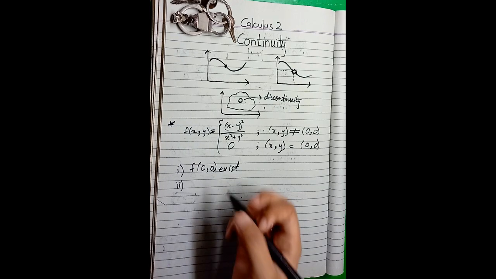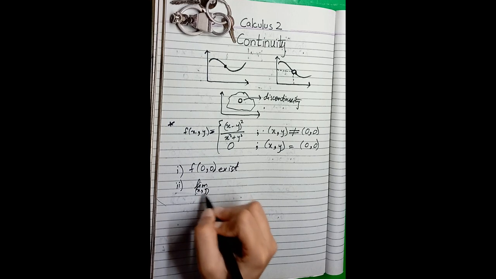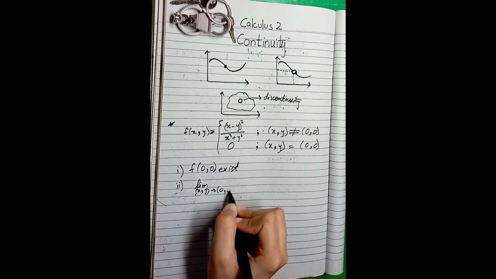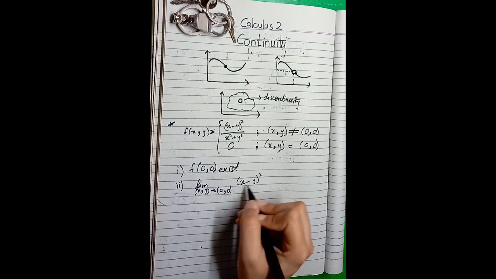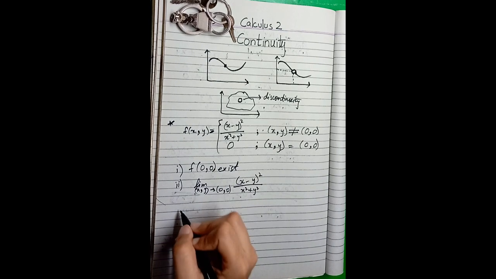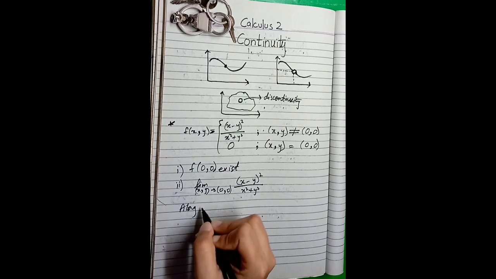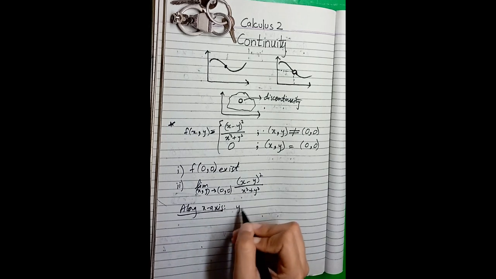Now we will prove it: the limit as (x, y) approaches (0, 0) of (x minus y) whole square divided by x square plus y square. Along the x-axis, as we did before in the limits, the method is the same.